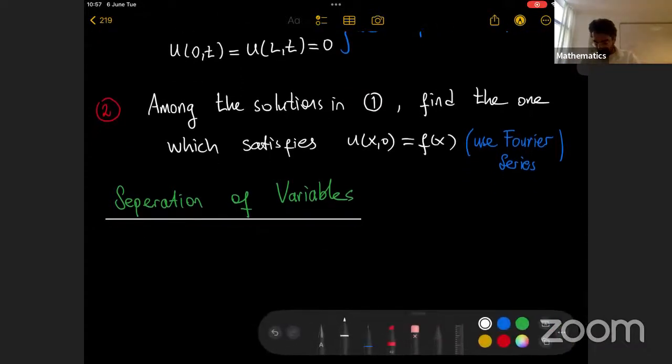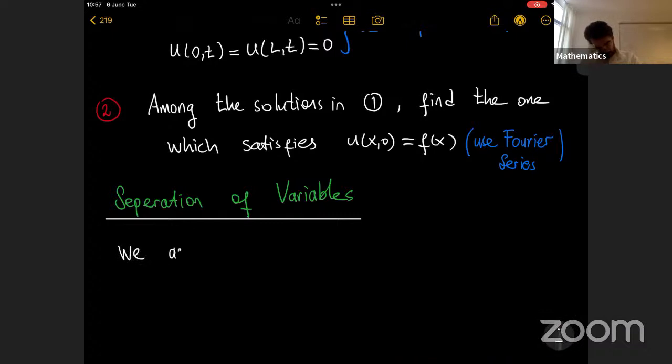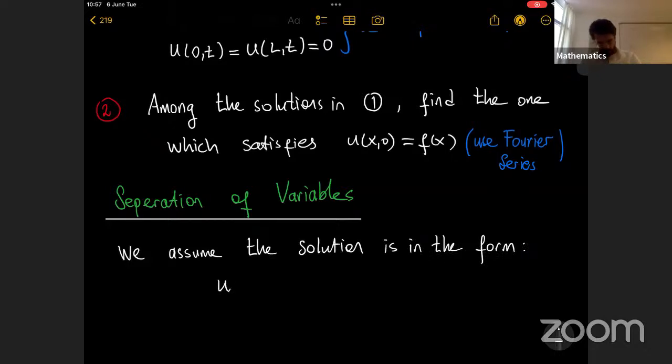So what's the separation of variables? Well, we assume that the solution is in the form u(x,t) is equal to X(x)T(t).